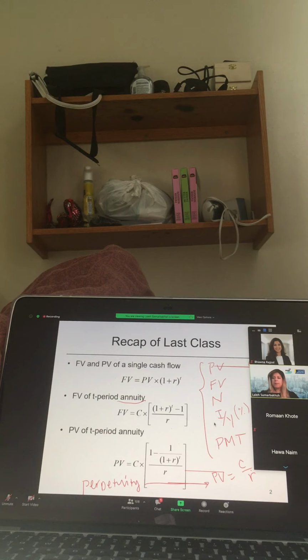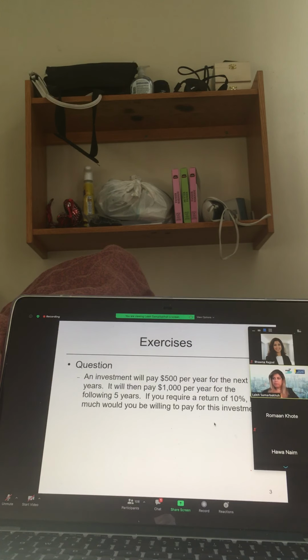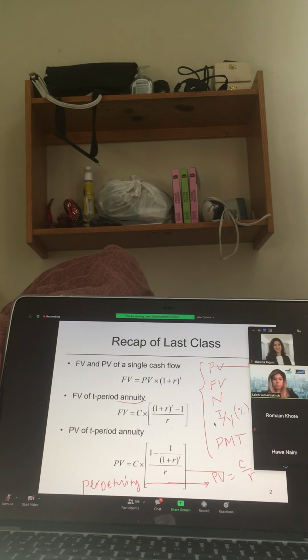Diana is asking about the beginning or ending. I'm getting into that as a review, but basically that's annuity due, which means the payment happens at the beginning of the period. If the question says the payment is happening at the beginning, then you have to do that. Good job, Daniel, you made it work.